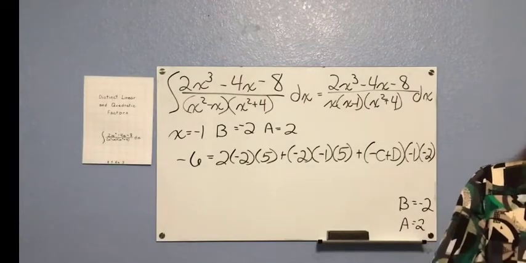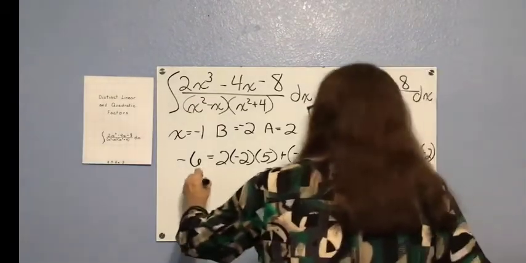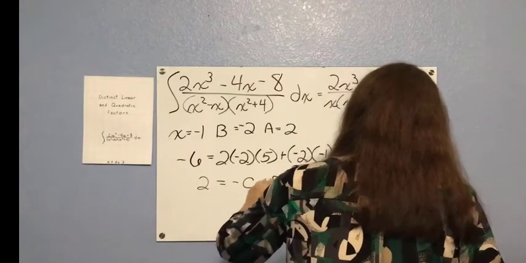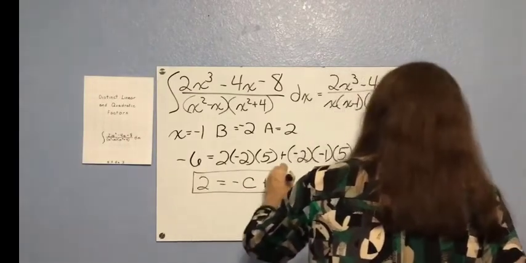Okay, and all that boils down to 2 is equal to -c plus d. So we want to save that equation.